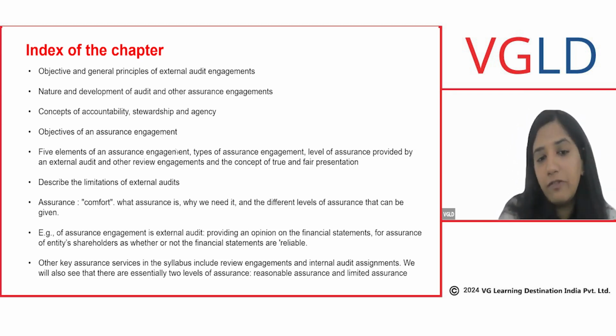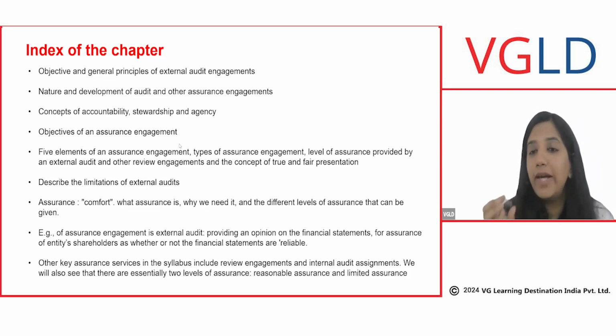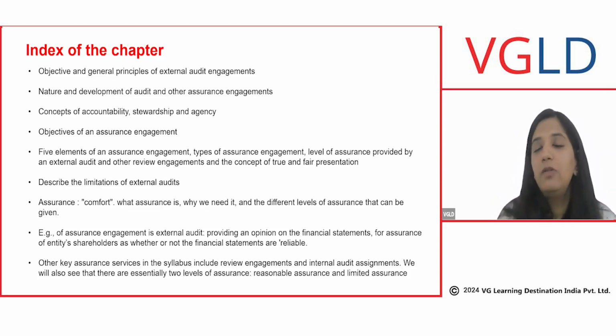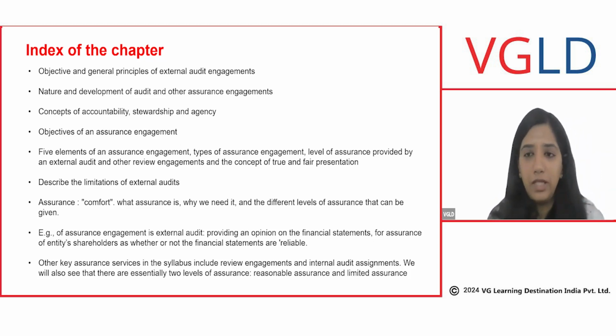What are the objectives of an assurance engagement? When you define the scope, say, for example, I am going to do your revenue audit, that becomes your scope. But what is the objective? When you sit with the management, you try to take an understanding: is there a problem with revenue leakage?